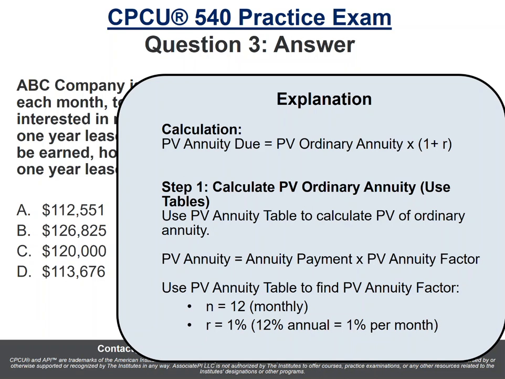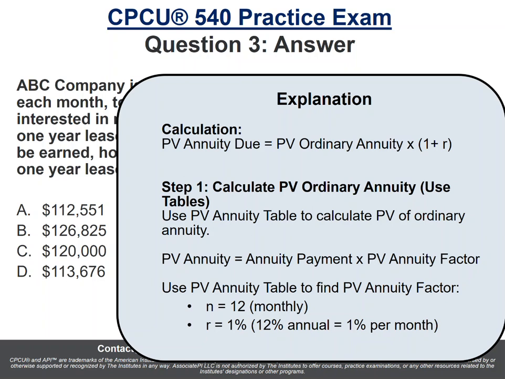To use the table, we know that we're paying monthly, so N, our period, is going to be 12, because there are 12 months in a year. We know that we're paying a 1-year lease. Here's the tricky thing: the interest rate is 12% annual. Since our period N is monthly, 12 months, we need to divide our interest rate, 12% annually, by the 12 periods, the 12 months out of the year.